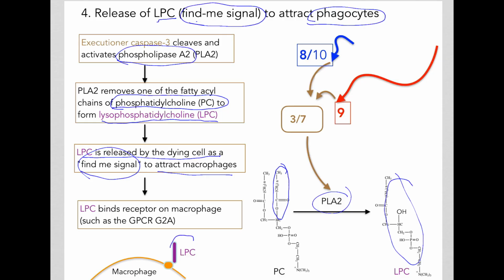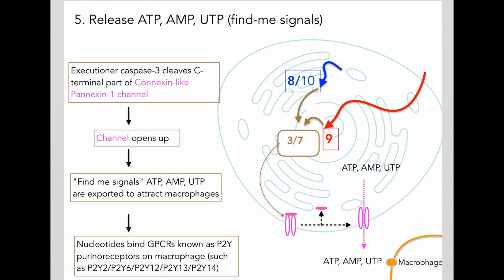So this LPC that is released by the dying cell will bind a receptor on the macrophage, such as the GPCR G2A receptor. This interaction will bring the macrophage towards the dying cell.